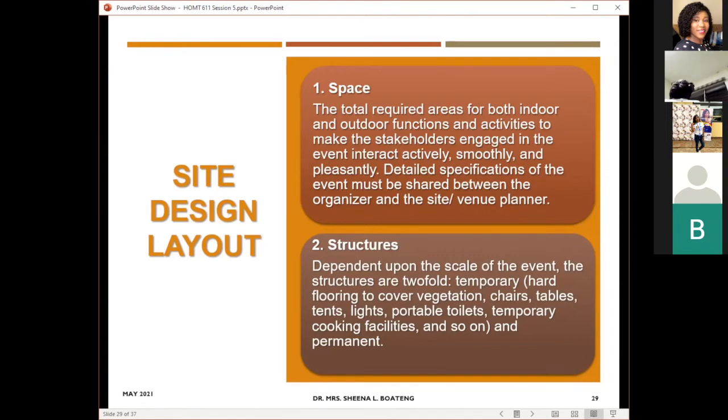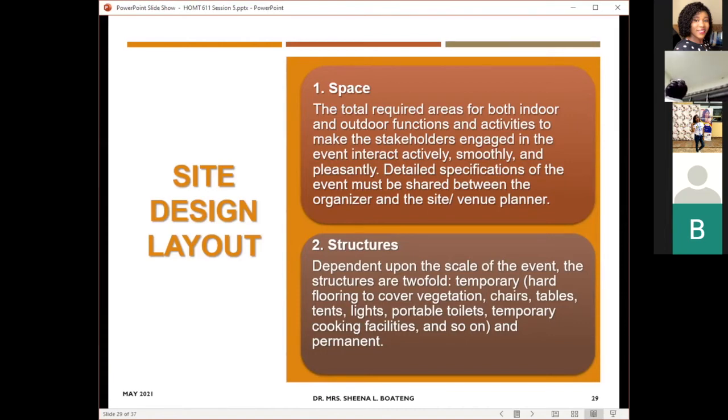In terms of site layout design, you also need to think about the structures. Depending on the scale of the event, you can have both temporary structures and permanent structures. So for instance, in the event spaces that are offered for rental these days, you see that it is a huge space, which is very bare and plain, making it possible to set up different temporary structures to accommodate the style and nature of your events.